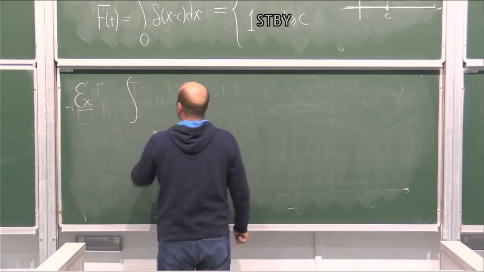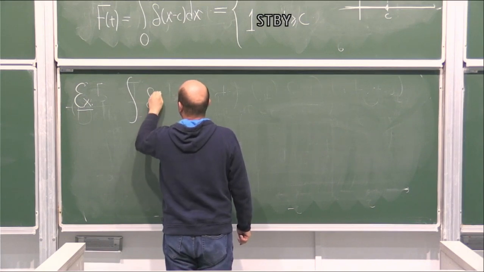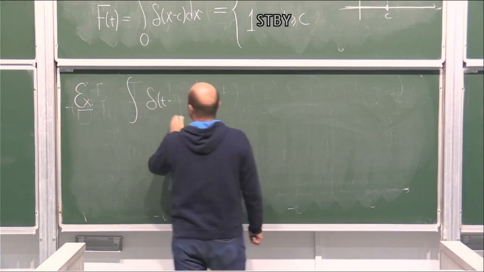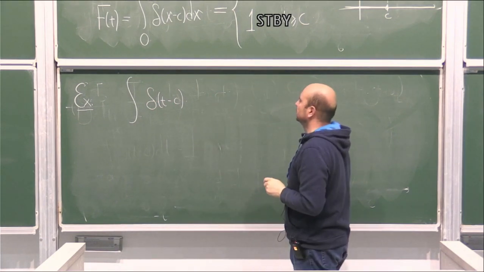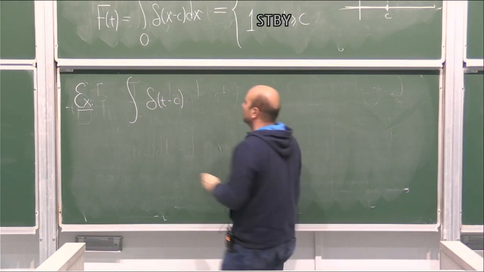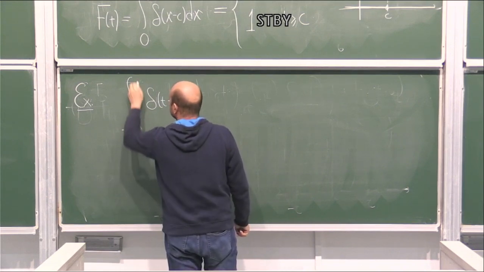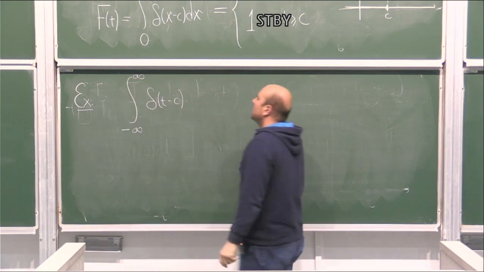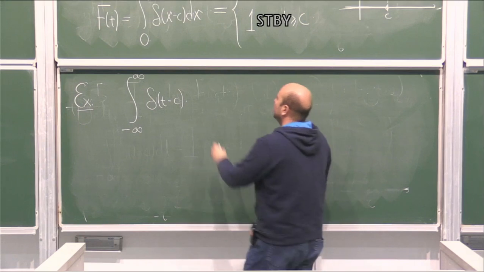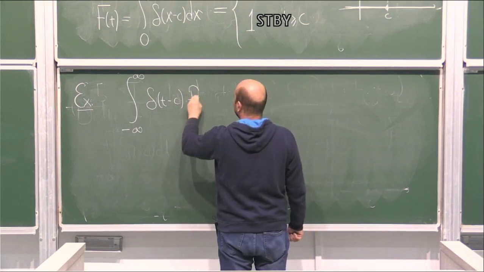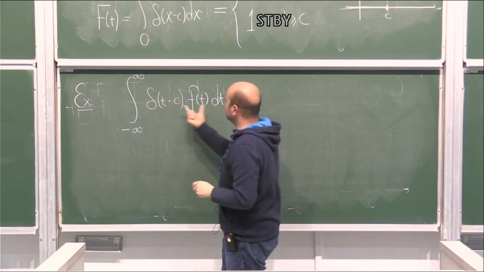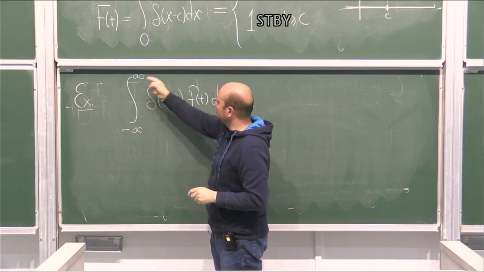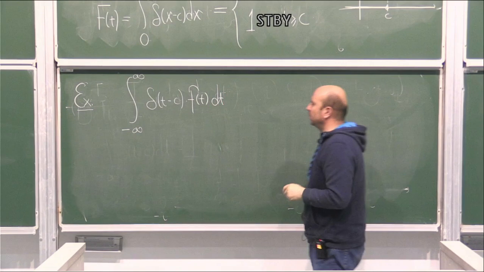I will try to compute the integral, not of the delta function, because I know this integral, but of the delta function times a function, from minus infinity to infinity. Okay? So I multiply a function with a delta function, and I will try to understand its integral from minus infinity to infinity.